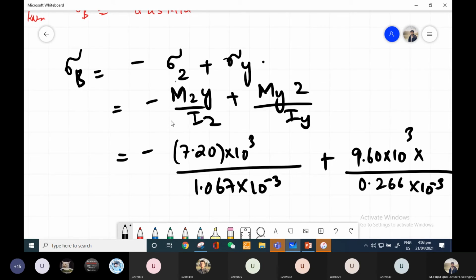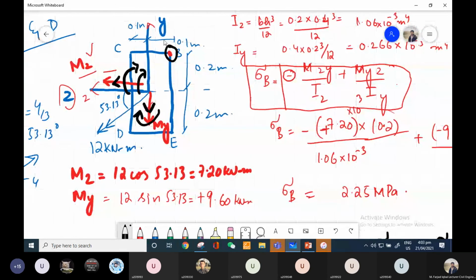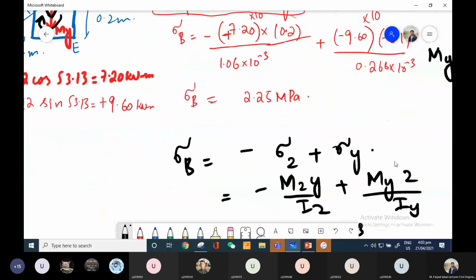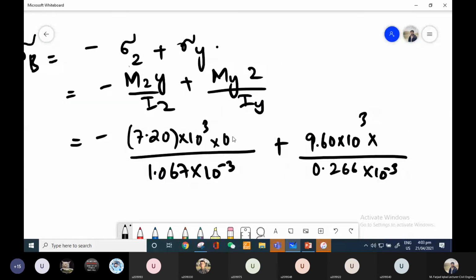Now again if I look into this figure, for this point B, the y distance is 0.2 and the z distance is 0.1. So I will substitute these distances, y as 0.2 and z as 0.1. Now, can you give me the answer for this one?